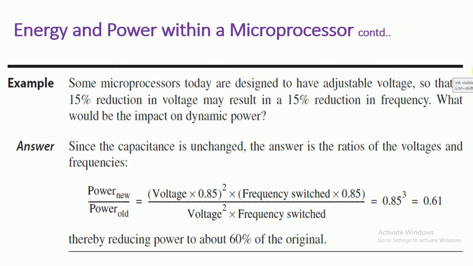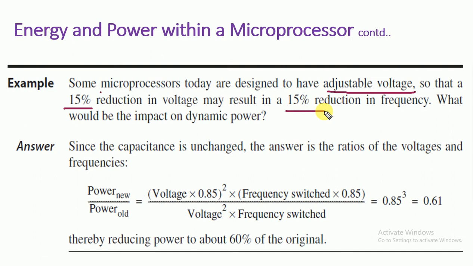Okay, so in this example it is given that some processors are designed to have adjustable voltage, so that a 15% reduction in voltage may result in a 15% reduction in frequency also.